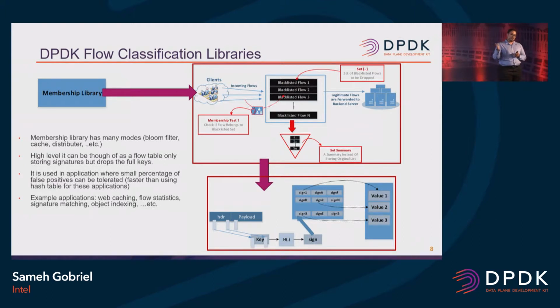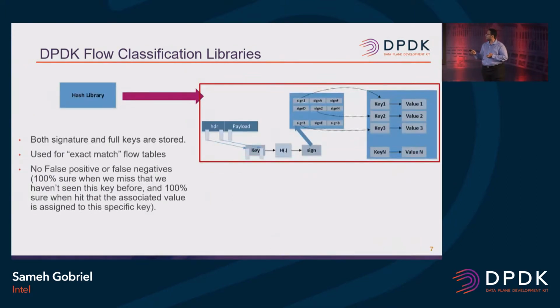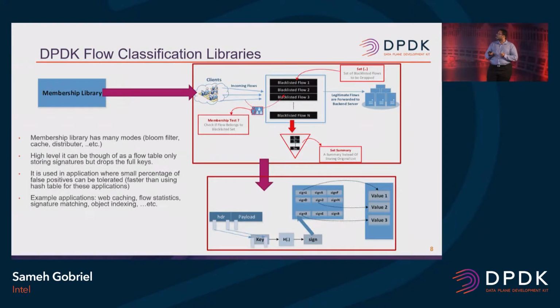If you have a lot of flow tables, it gets about a 2x performance improvement. This is work that is being done with Ericsson. If you are interested, go and check SMC in OVS. It is an experimental feature, so check whether it will work with your workload or not. So that's the membership library. And again, the difference between this one and the previous one is whether you do full key comparison or not.